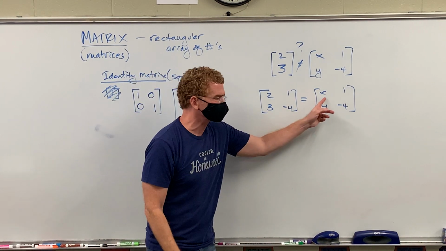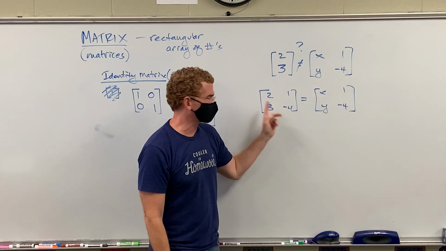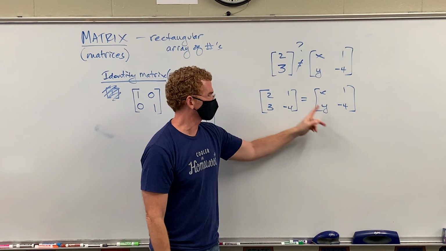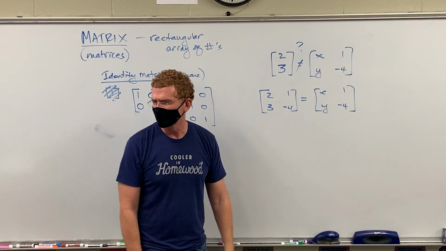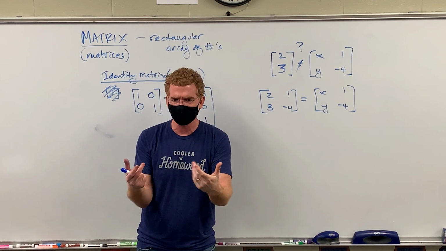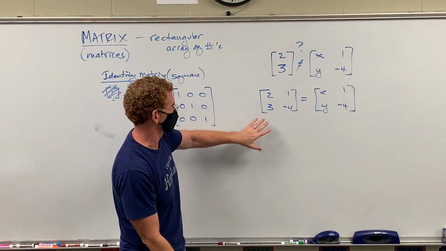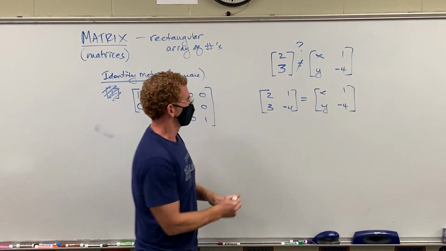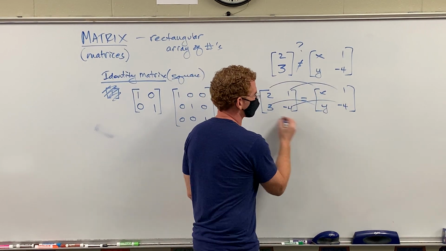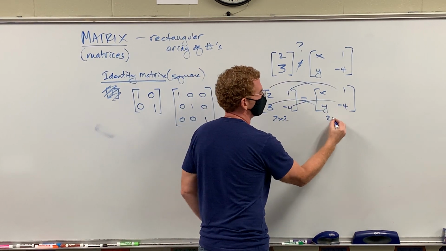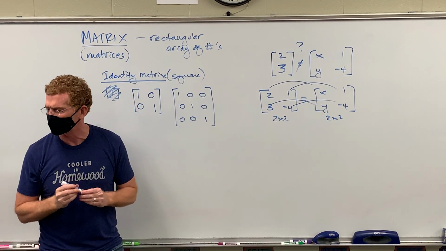What would X have to be? 2, and Y would have to be 3, but you'd have to have corresponding elements, which makes sense, right? If I have one thing equal to another thing, everything has to be the same in order for them to be equal. So at some point, you'd have to be able to match up these terms right here. So you have to have the same dimensions. They'd have to both be 2x2s or both be 3x4s or whatever in order for them to be equal.